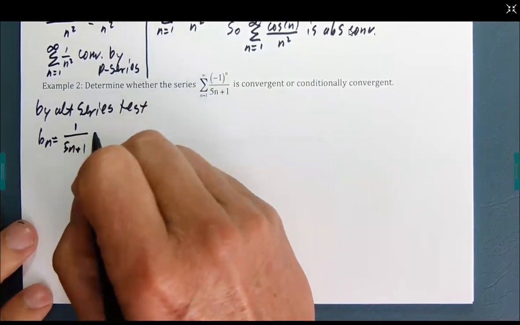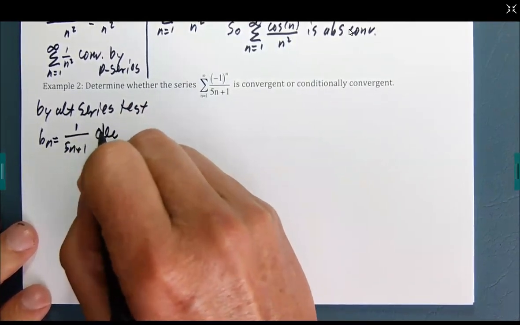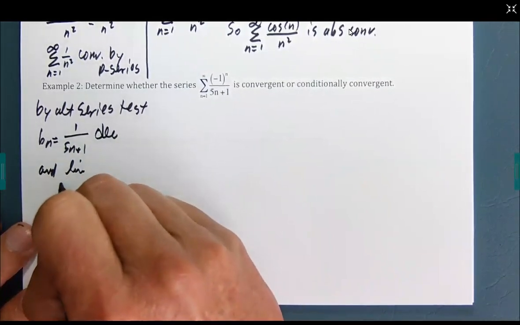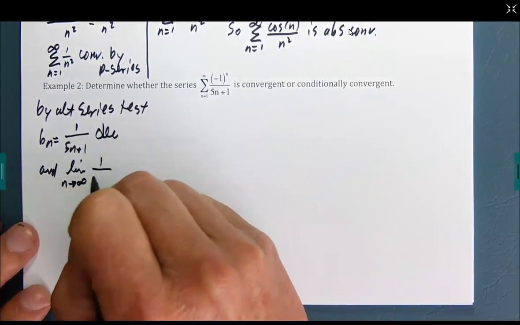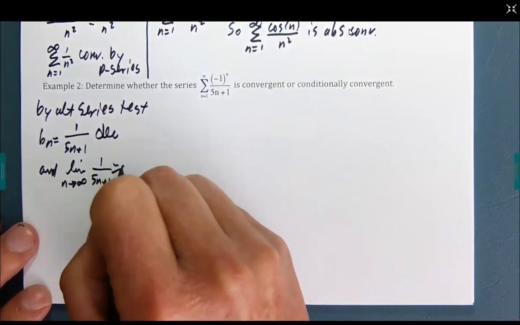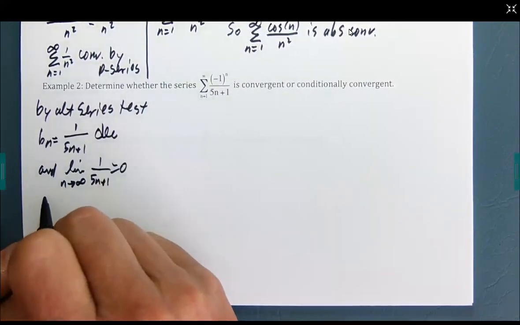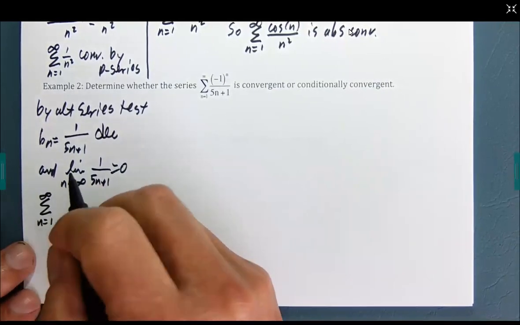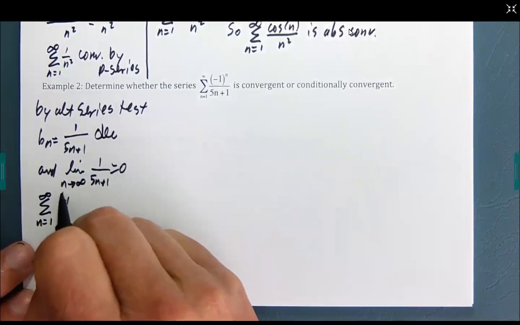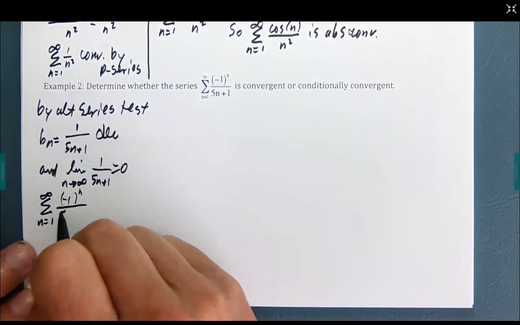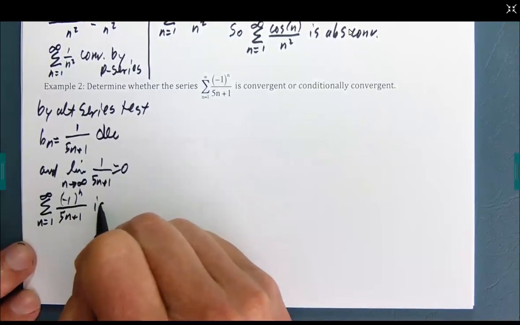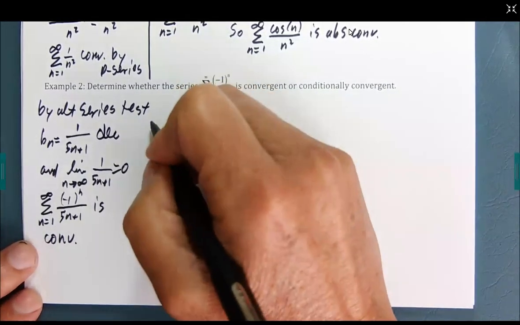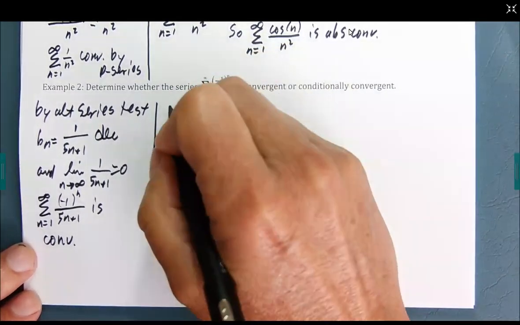And we know that this is decreasing, and that the limit, as n goes to infinity, of 1 over 5n plus 1 is 0. So we can say that (-1)^n over 5n plus 1 is convergent. But let's see if it's absolutely convergent.